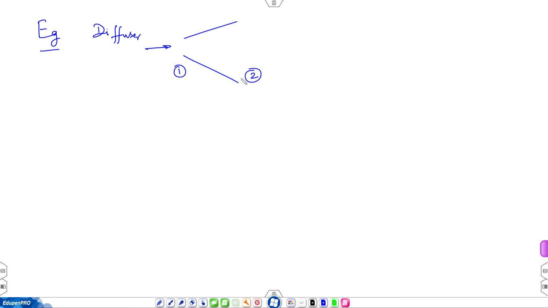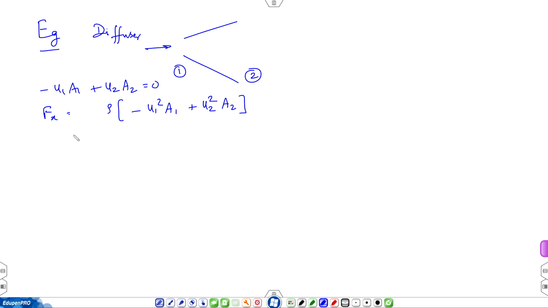So, if you write the mass, momentum and energy equations here, which I will do quickly now: minus u 1 A 1 plus u 2 A 2 equal to 0. F x is equal to rho times minus u 1 square A 1 plus u 2 square A 2, but u 1 A 1 is equal to u 2 A 2. So, you can write this as m dot times u 2 minus u 1.